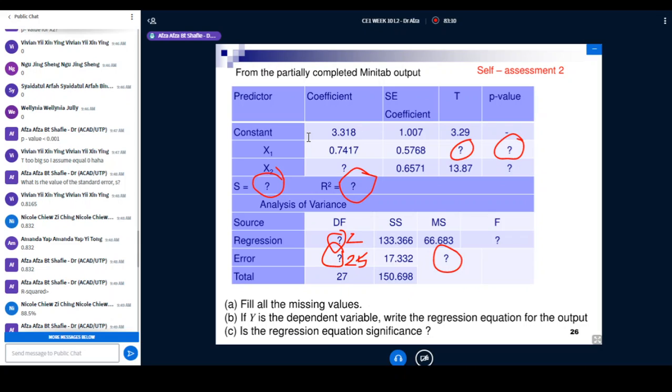Chapter 6 is on the sampling distribution. Chapter 7 is hypothesis test for single population. Chapter 8 is hypothesis test for two populations. Chapter 9 is the simple linear regression. Chapter 10 is the multiple linear regression. And chapter 11 is the one-way ANOVA. So basically, we are done.